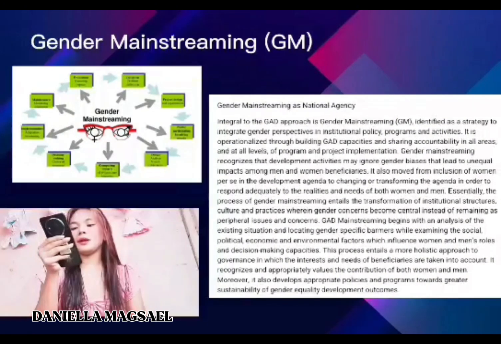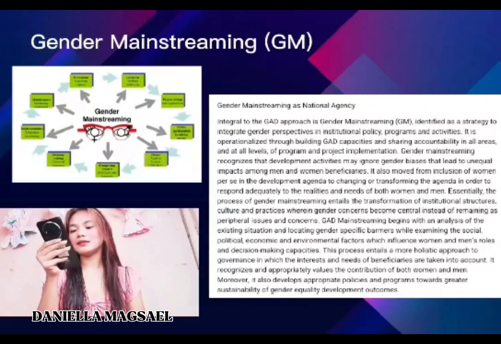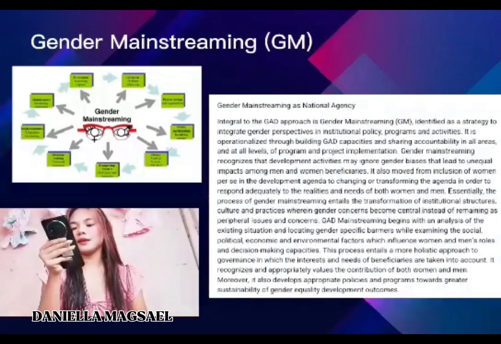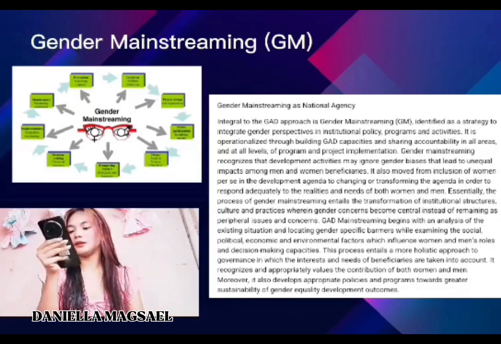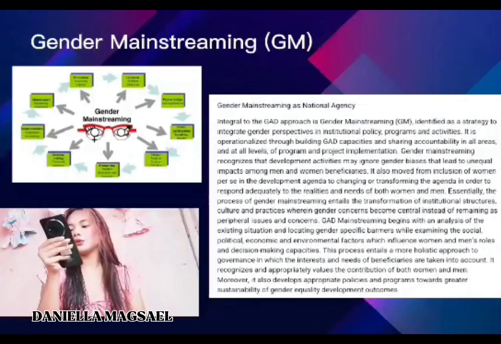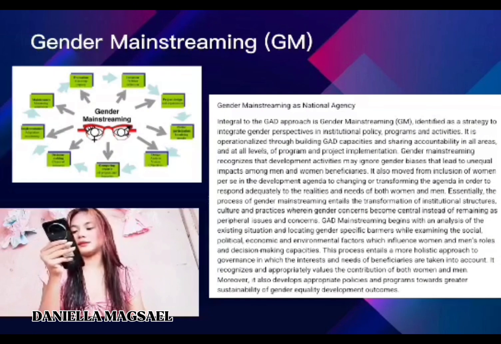GAD mainstreaming begins with an analysis of the existing situation and locating gender-specific barriers while examining the social, political, economic, and environmental factors which influence women and men's roles and decision-making capacities.